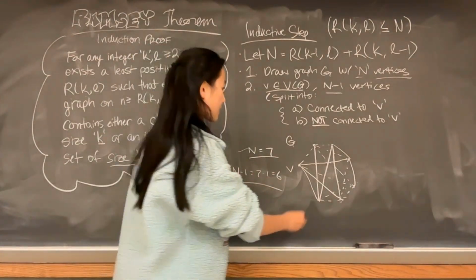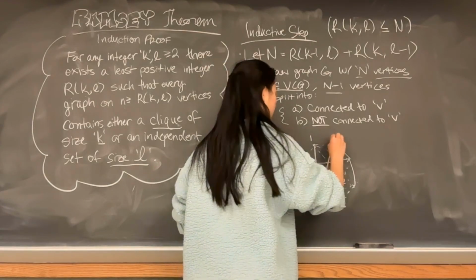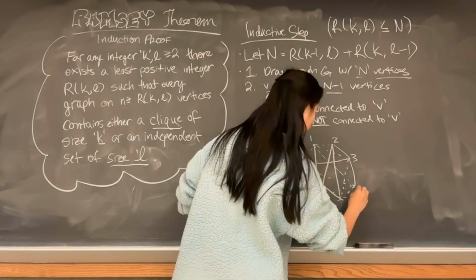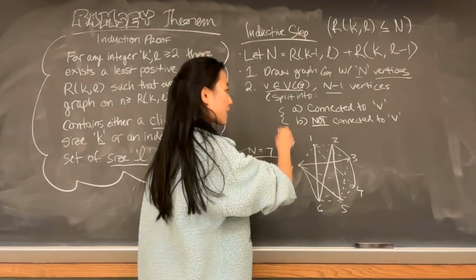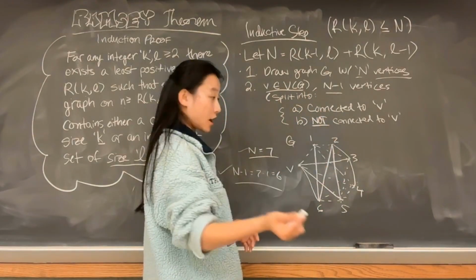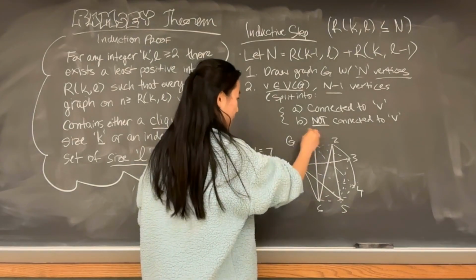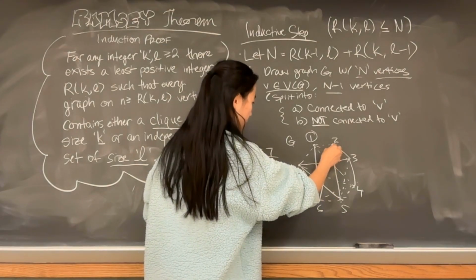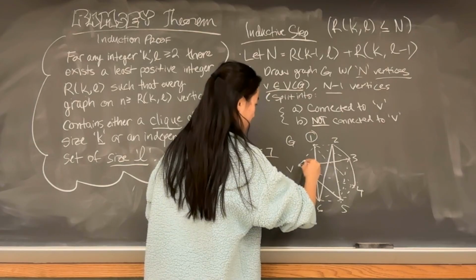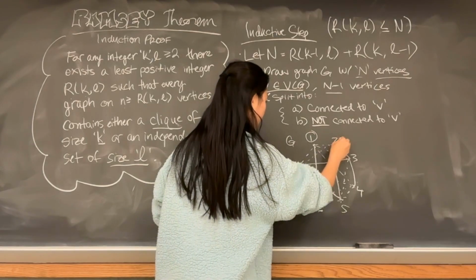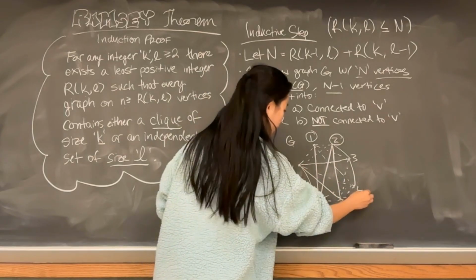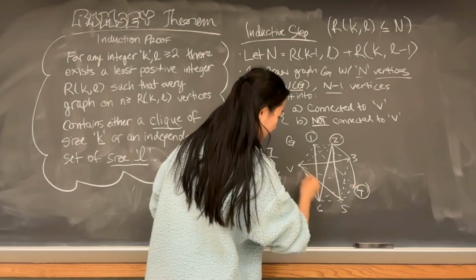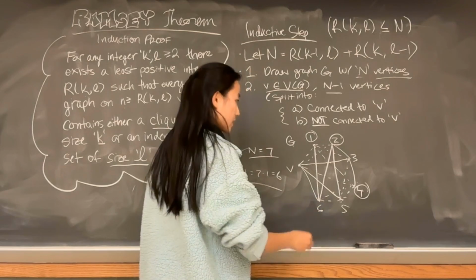So what this means is, let's say I labeled this 1, 2, 3, 4, 5, and 6. Now we can go through. Which of these are not connected to V? Well, 1 is not, and 2 is not, which I forgot to draw in, but it's not. Then 3 is connected, so we're going to leave that. Then 4 is not connected, and 5 is connected, 6 is connected.